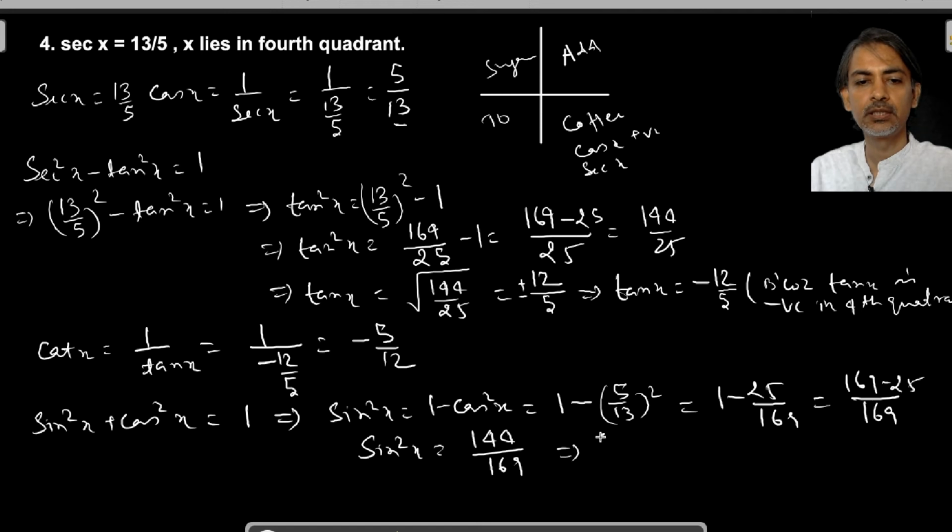This implies sin x would be the square root of 144 upon 169, which will give me plus minus 12 by 13.